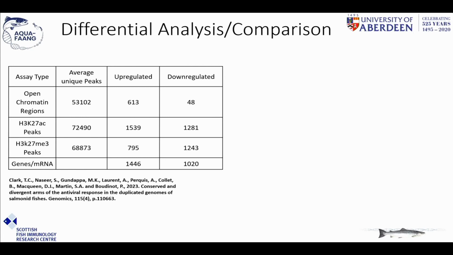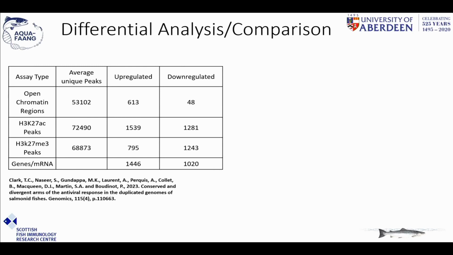And if we did differential analysis, we had 600 ATAC up and 48 down, around 1,500 for the active histone mark up and 1,200 down. We also had 795 down for H3K27Me3 and 1,200 up.